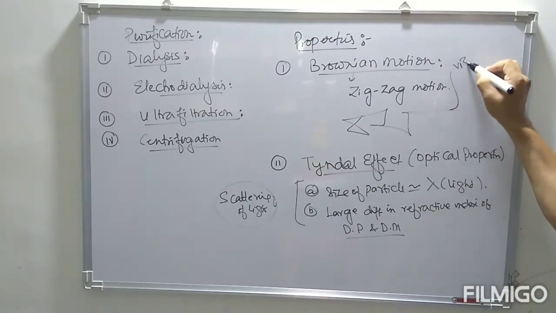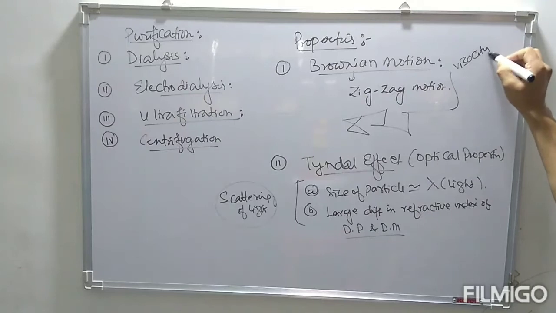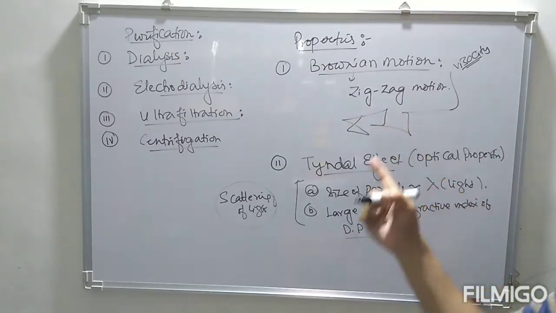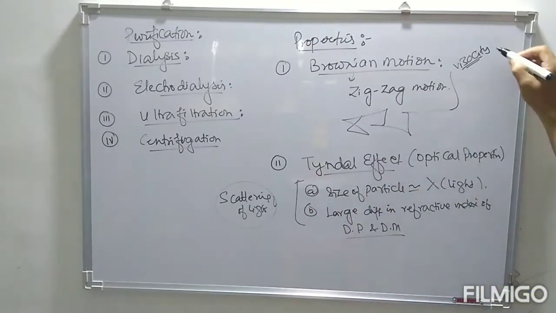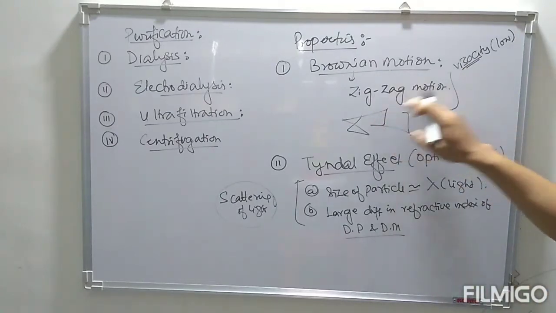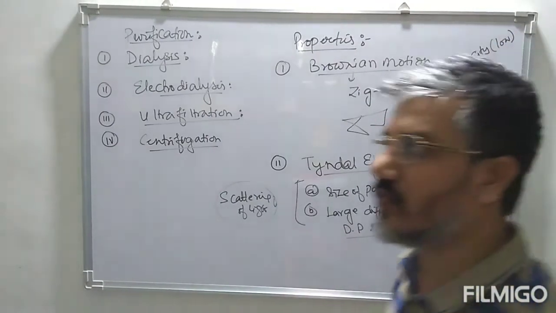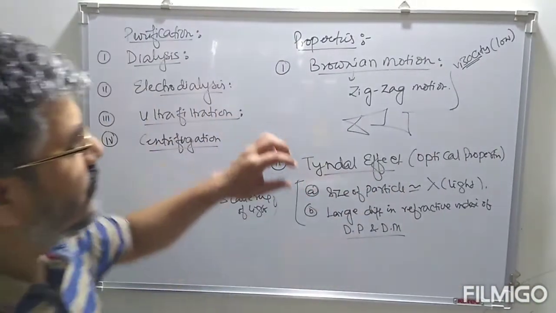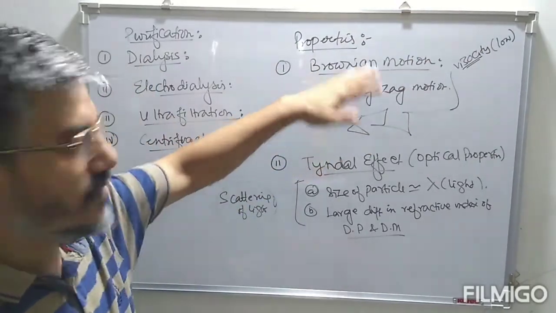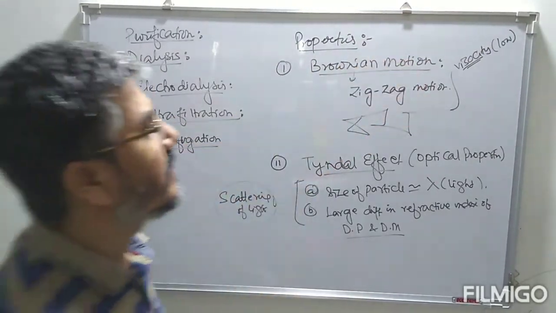First, viscosity. If the viscosity is large, then this zigzag motion will be less. So viscosity should be low. As the viscosity of the solution is less, this irregular zigzag motion will be more. So viscosity should be low for this Brownian motion to be effective.